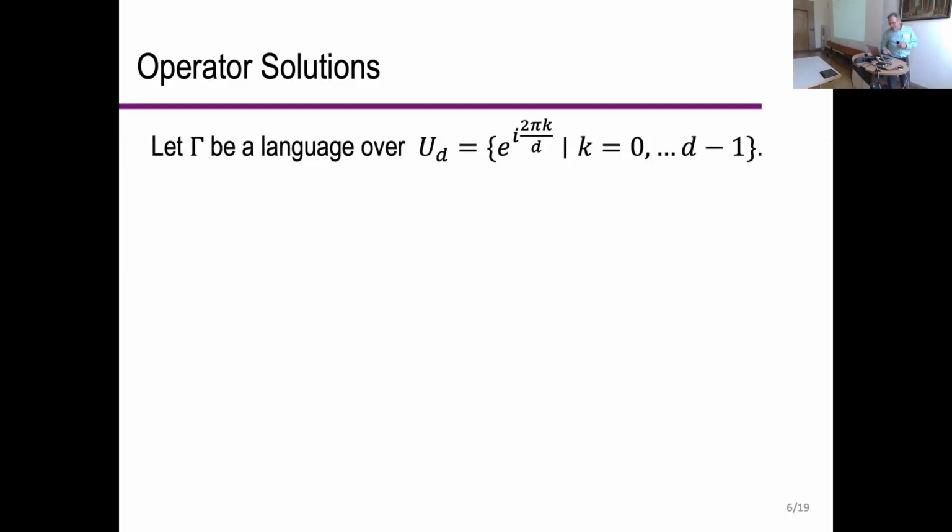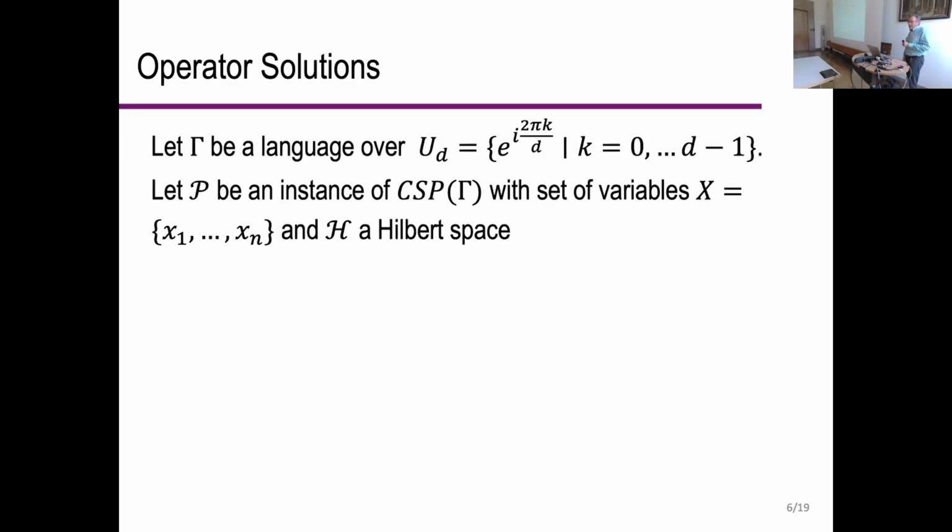Now I want to find an assignment, a solution. So I take my instance, again, I have this set of variables, and I fix a Hilbert space. It can be finite dimensional, but actually it can also be infinite dimensional. These things work in infinite dimensional spaces as well, so we have a huge choice of what we can do here.